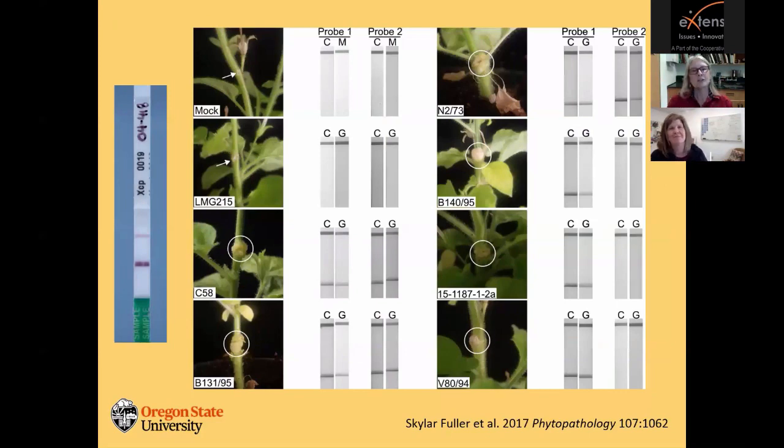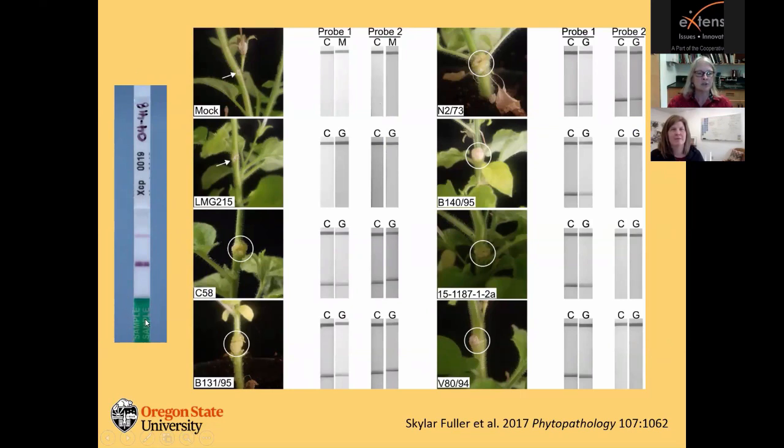Okay. The other thing we were interested in is a detection system for nurseries, because they really want to be able to detect it quickly, and they want to detect it themselves. So on the left here is a commercial product, which is for a different bacterium. This is a Xanthomonas thing, and this is called a dipstick.